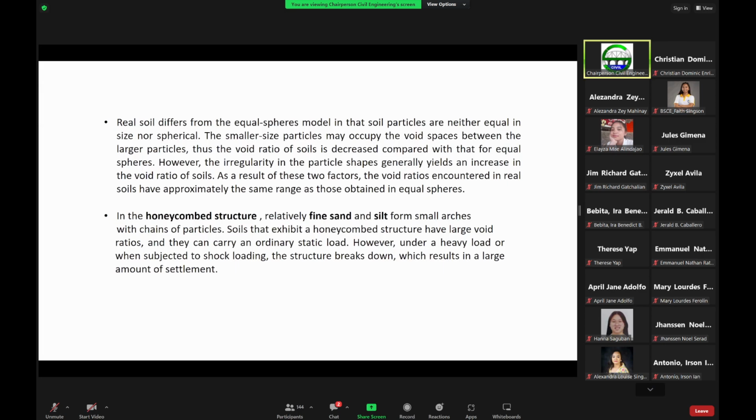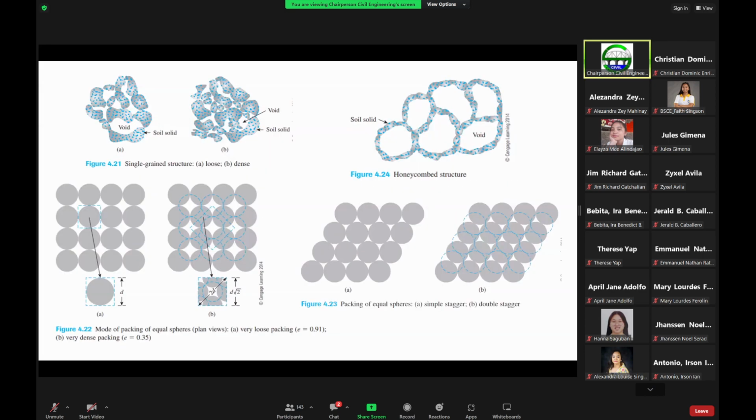In practice, we only have a certain degree of limitation with our settlements. So for cohesionless soils, we have two types of soil structures: the single grain structure and the honeycomb structure.